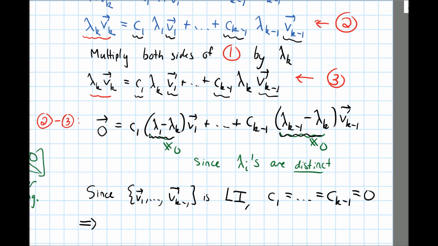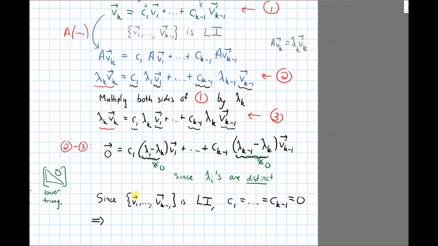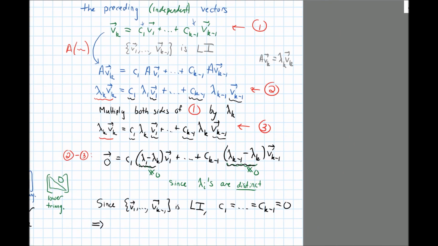Okay, so what can we do with this? What can we do now that we know that c1 up until ck minus 1, all of those are 0? I'm going to substitute that back into equation 1. So if we plug this back into equation 1, we get that the vector vk equals 0 v1 plus ... plus 0 vk minus 1.